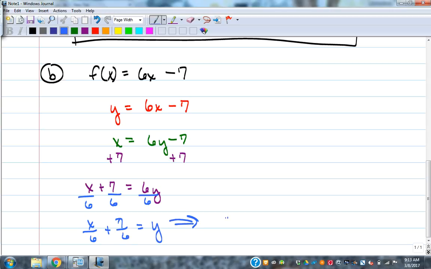Convert that to inverse form. F inverse of x equals, and I'm going to write it 1/6 x plus 7 over 6. Because that's slope-intercept form, right? Makes pretty good sense that the inverse of a line would be another line. They're related that way.